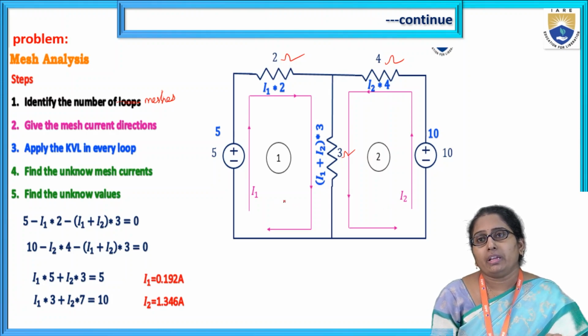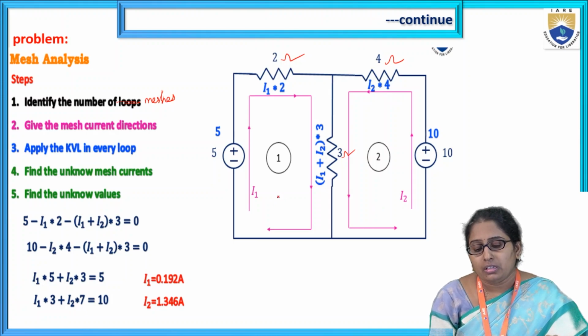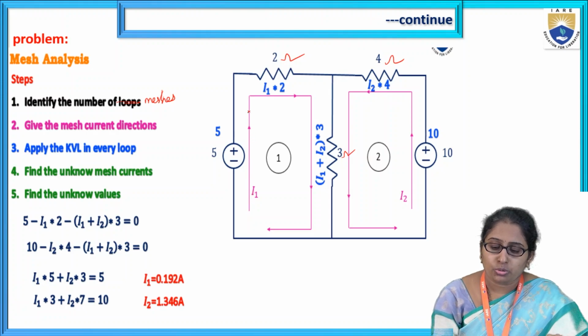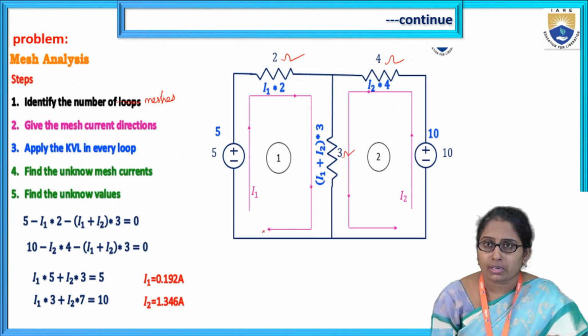The direction of those currents also we have to assume. I1 I have taken like this, clearly shown with the pink line. I1 starts from here, goes like this and comes back to the starting point.